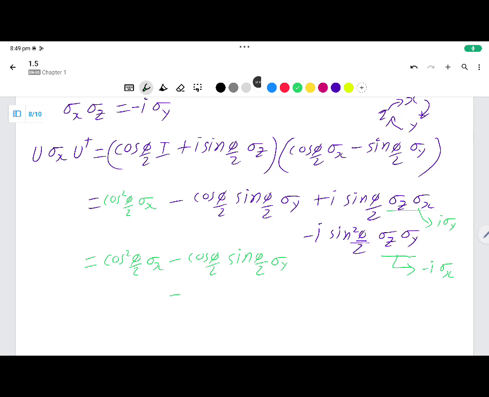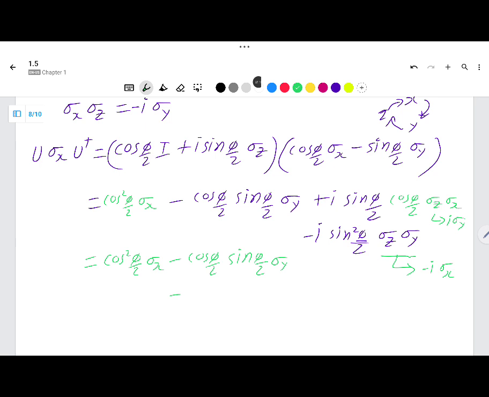So another mistake here. So i sin pi by 2 plus pi by 2 sigma z sigma x, and this will give me sigma y.